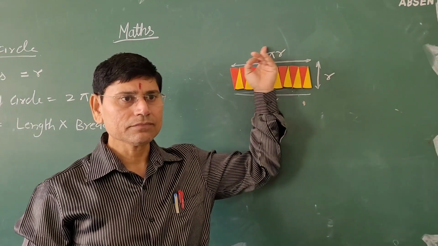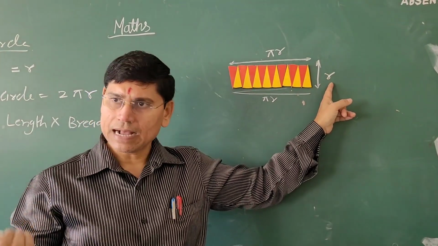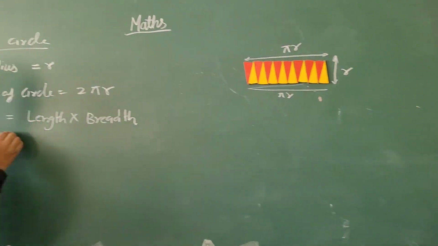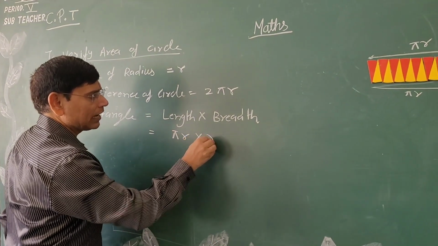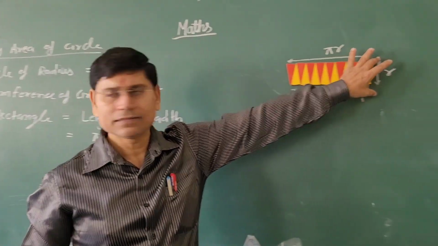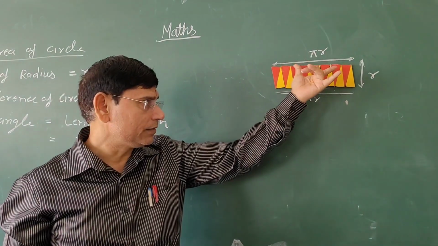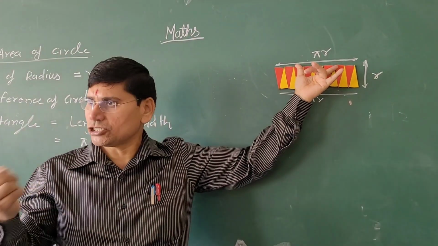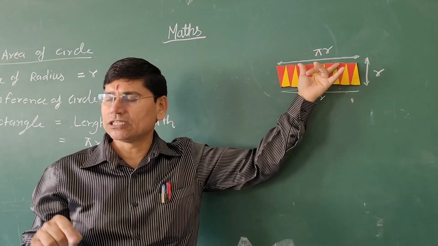The length is given here pi r, and breadth is given here r. So you can write here pi r into r. R is the breadth, just equal to the radius of the circle, and length is just equal to the half circumference of the circle.